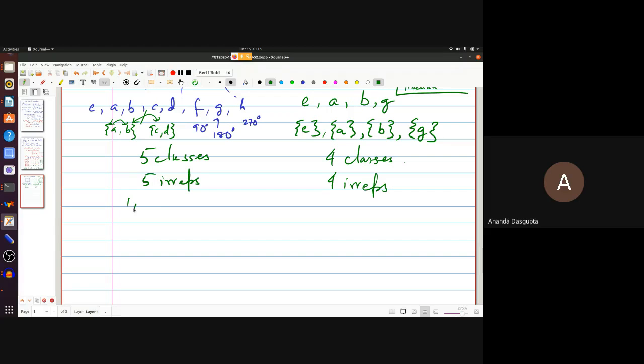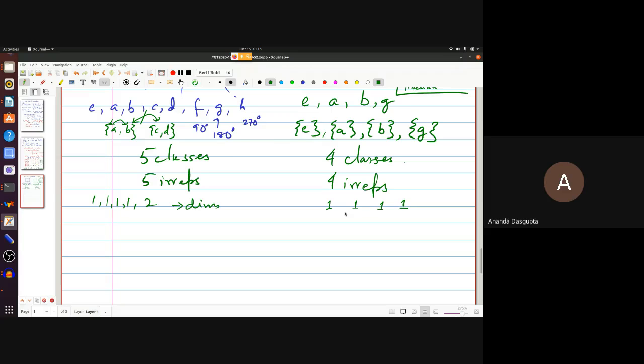And there we were seeing the 5 irreps, where the dims are 1, 1, 1, 1 for the one-dimensional and then the 2-dimensional representation. What would be the dimensions of the irreps here? 1, 1, 1, 1. Has to be 1, 1, 1, 1, right?